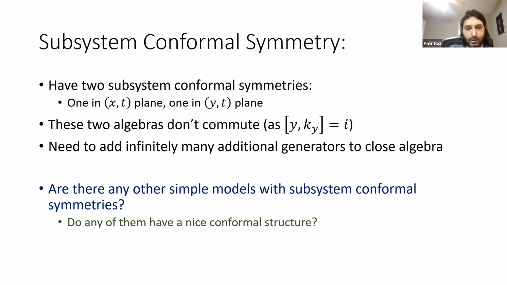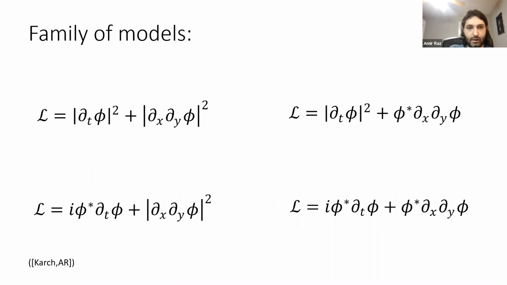And so we looked at 4 models in our paper that are very similar to the original model. They're given here in Euclidean signature, but you can always do a Wick rotation. So this first one is just the same model that we saw before, maybe with a complex scalar, but again, you can just take it to be a real scalar if you wanted to.